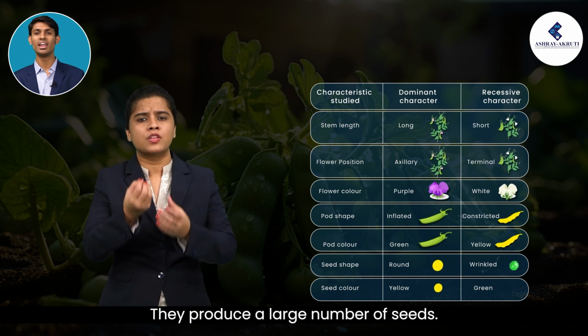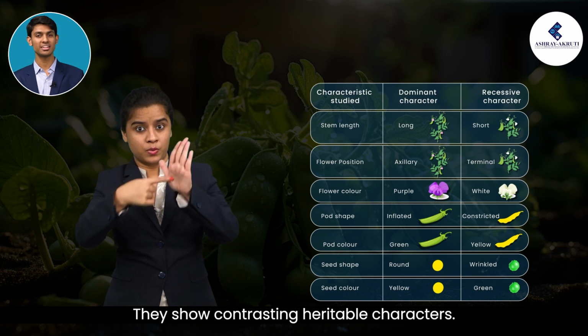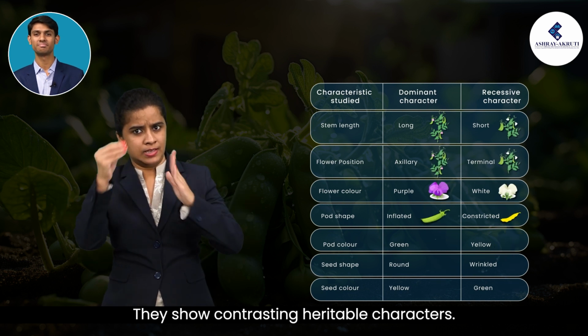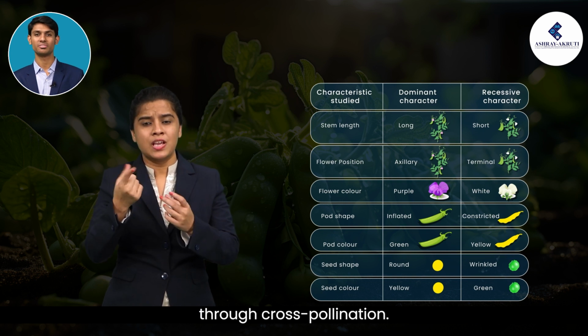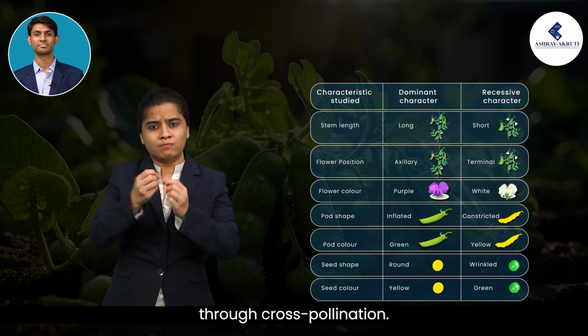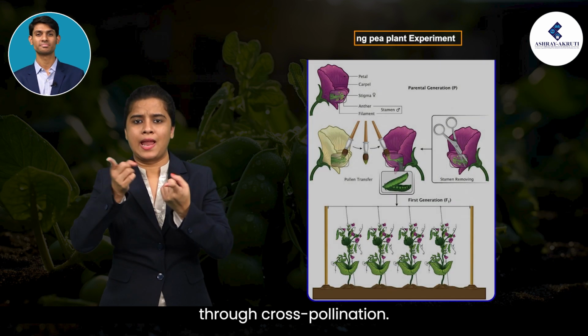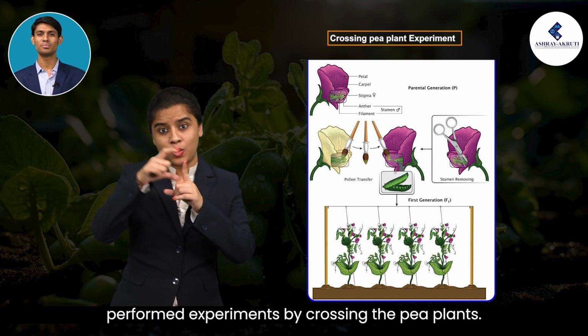They produce a large number of seeds. They show contrasting heritable characters. They produce fertile hybrids through cross-pollination. Mendel performed experiments by crossing the pea plants.